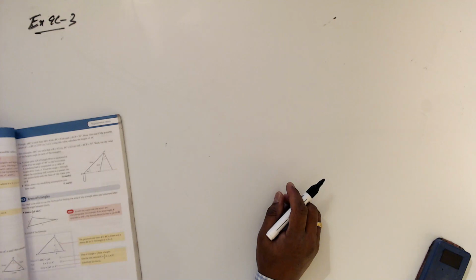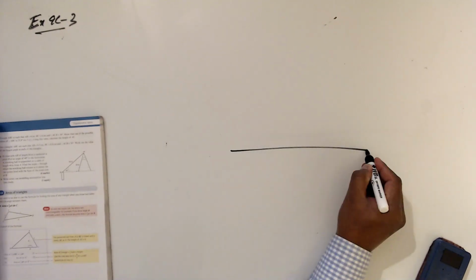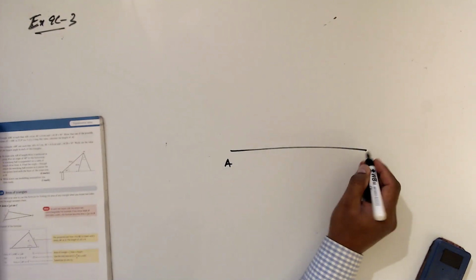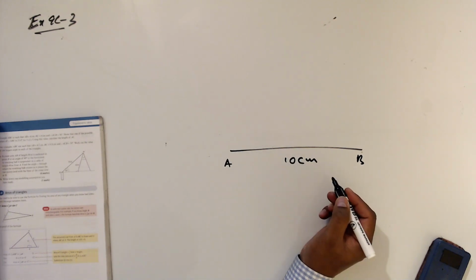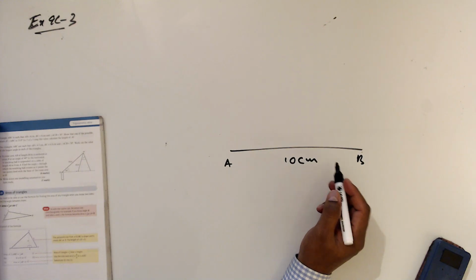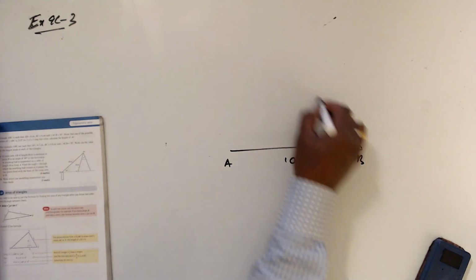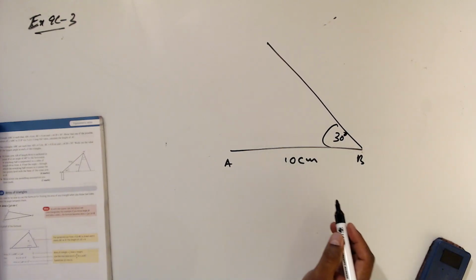Question number 3. AB is 10 centimeter and ABC has to be 30. ABC, so this has to be 30.